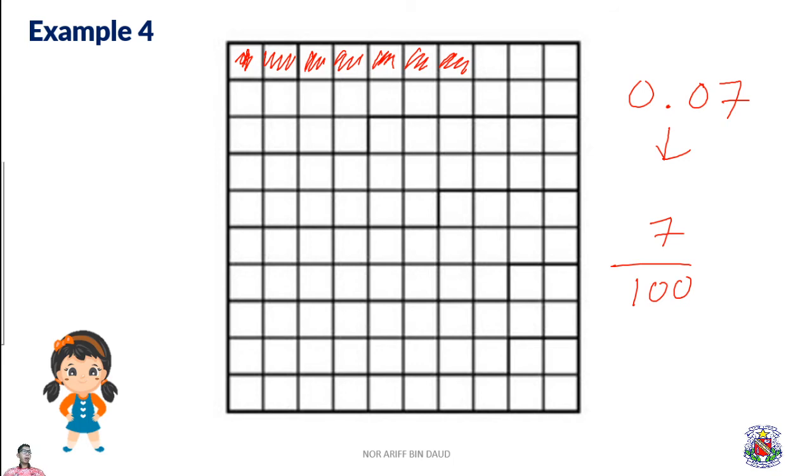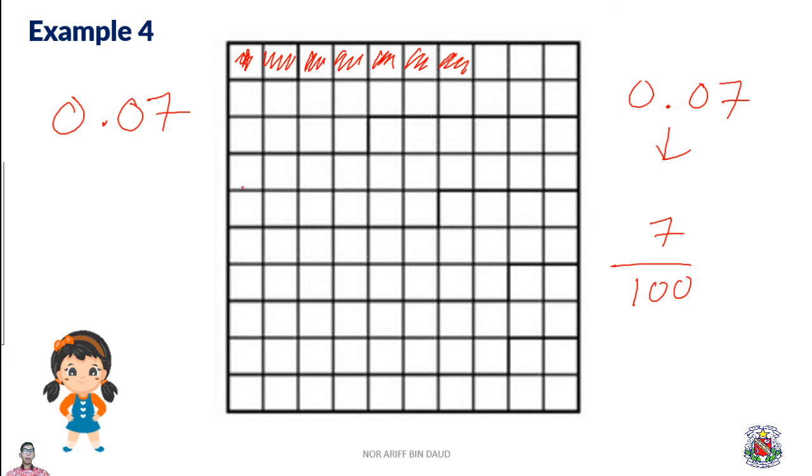Teacher Arif, I have one question here. How to make an easier method to change decimals into fractions? Okay, I have one easiest method for you. For example, 0.07. You want to change into a fraction.